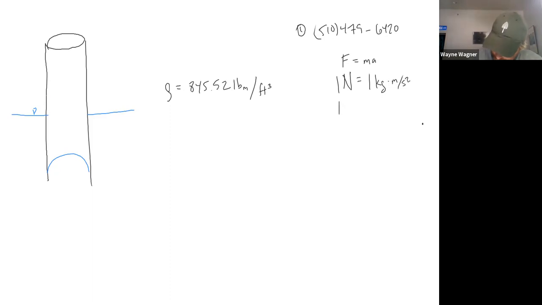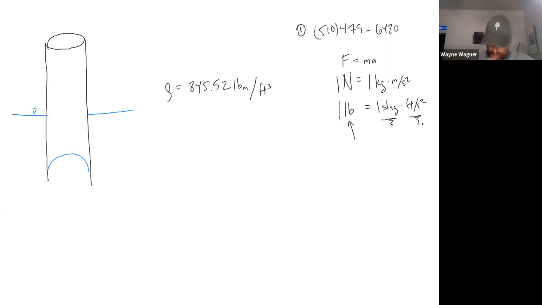And 1 pound, a pound force, equals 1 slug times feet per second squared. This is the unit of mass that works in your equation, because combined with acceleration it gives you pounds. If you plug in a pound mass, nothing's going to work out right. It's just going to be a huge, awful mess.